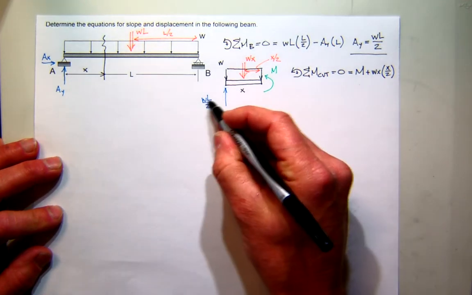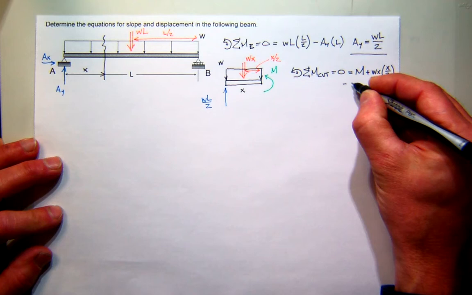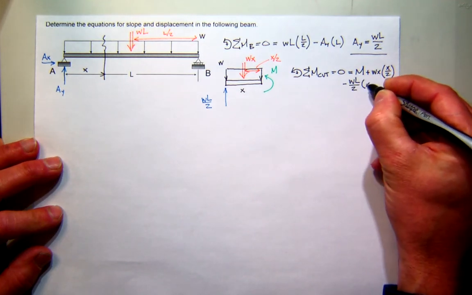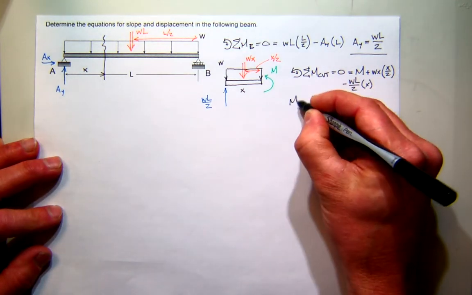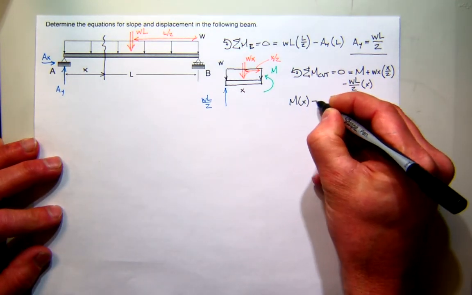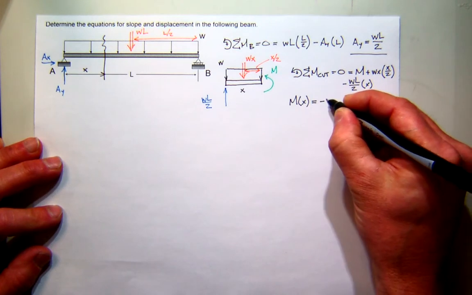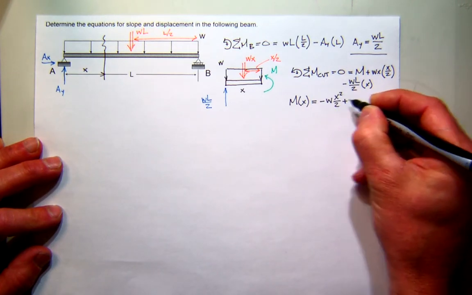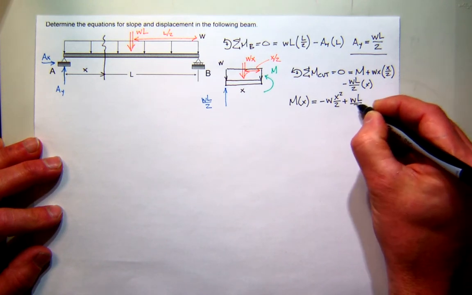And then I have the WL over 2 force, which creates negative moment. And it has a moment arm of x. So I'll solve for M. It should be a function of x. And I get negative Wx squared over 2 plus WL over 2 x.